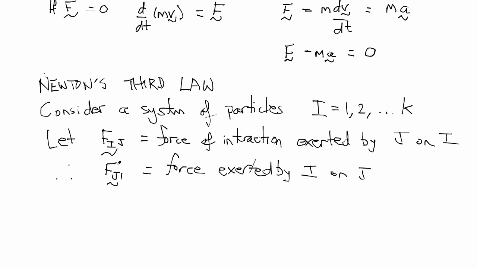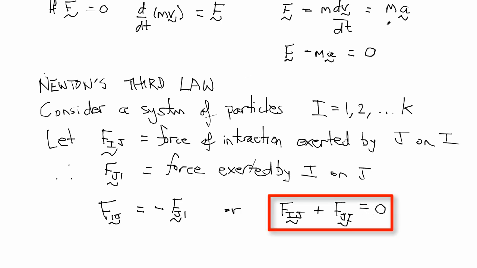So Newton's third law can be written concisely as Fij equals negative Fji, or Fij plus Fji is equal to 0.